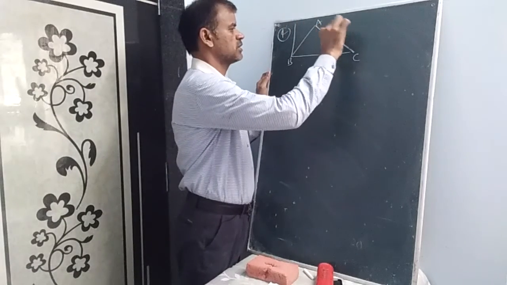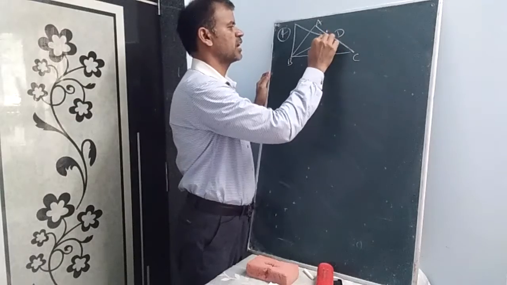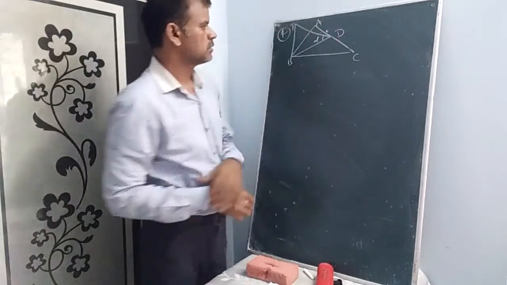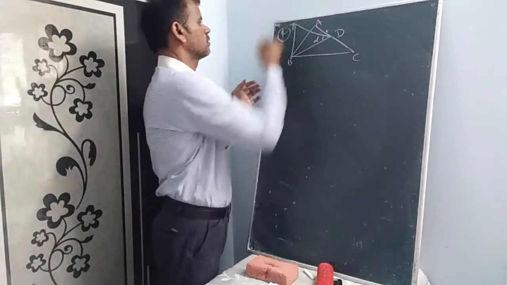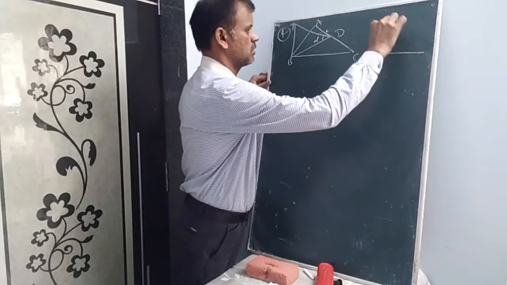Let this D be the midpoint. This pole subtends an angle alpha at the midpoint. Let this be a tower T, otherwise pole P, no problem. Once again I am drawing to understand the diagram easily.